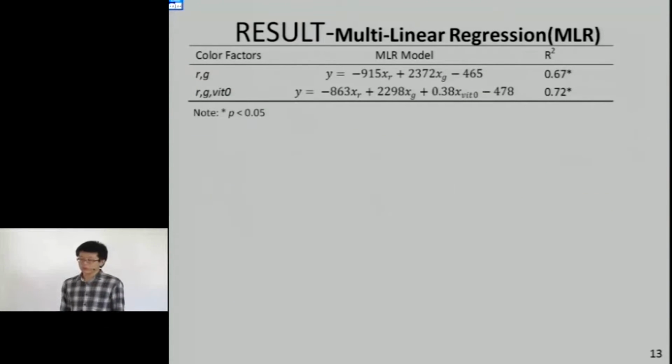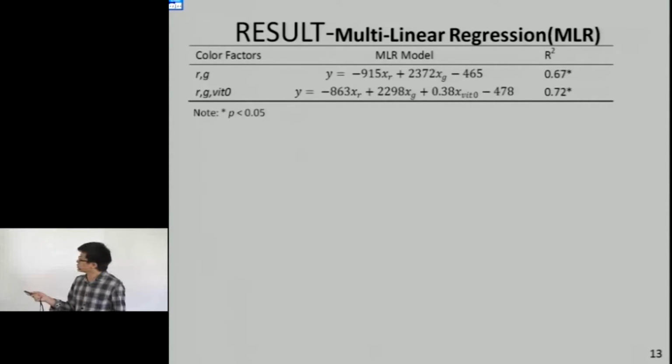And I tried multilinear regression to estimate the vitamin A level. Y is the vitamin A level. First I use color factors, R and small r, small g. Then the coefficient of determination is 0.67.